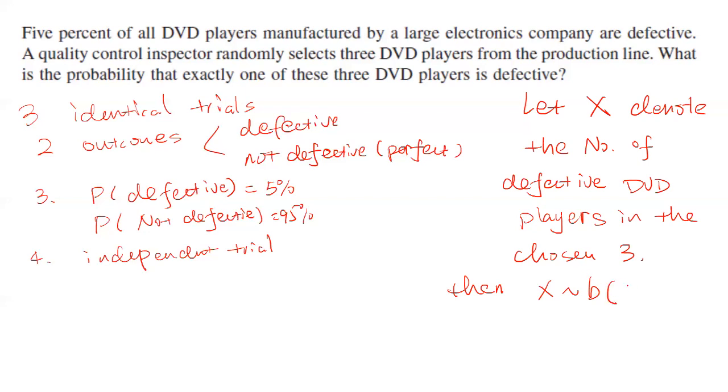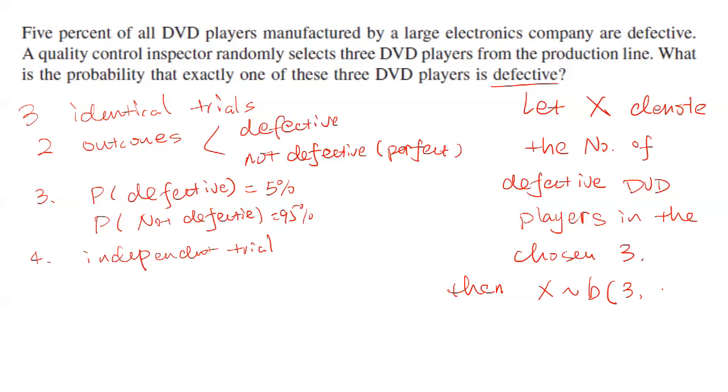The first parameter is n. n is 3 because we conducted 3 trials. And the second parameter is p. p is the probability of being successful. Here it asks you to find the probability of defective ones, right?